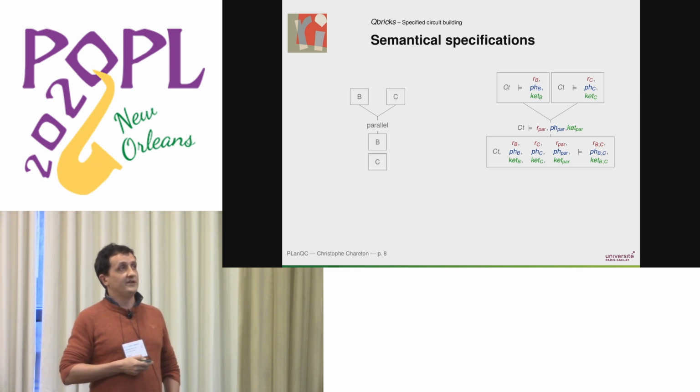So here I have, for example, circuit B. It comes also with three post-conditions, a red, a blue, and a green, that is proved correct in the same logical context.